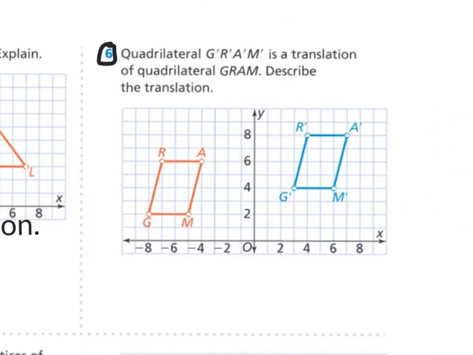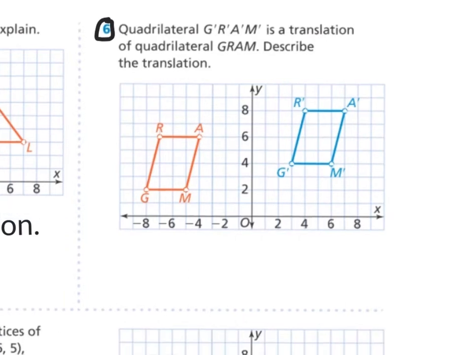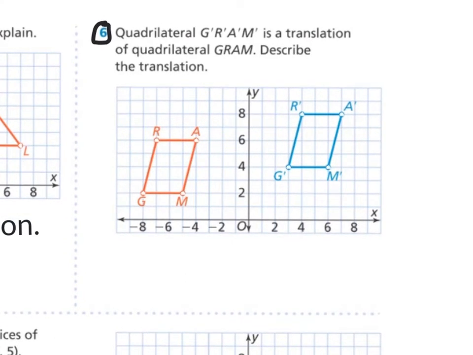Okay, number 6. They want us to describe the translation here. So it's already been translated. The question is, what did they do? How did they translate this? So for this, if we look at each of these individual points, you can just check one of them, and check a second one just to double check yourself.